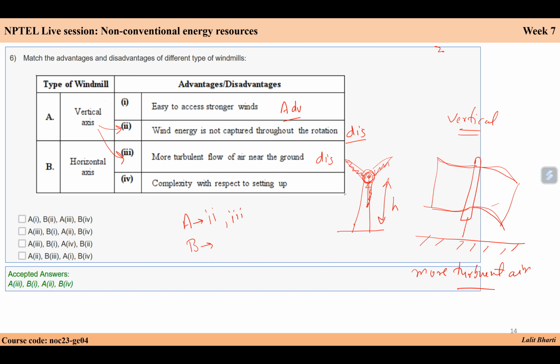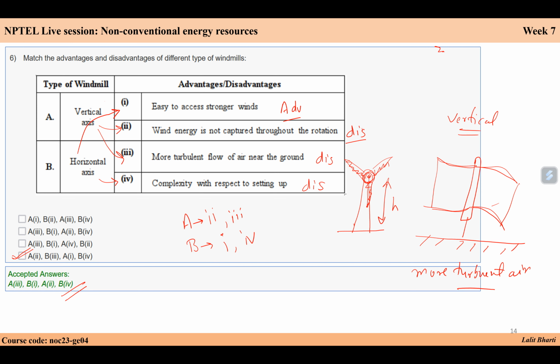So that is B, as well as the fourth, complexity with respect to setting up. That is a disadvantage for the horizontal axis because these are much larger in size. They are quite complex compared to vertical type windmills. So we have first and fourth. Now we can compare A to second and third. So our fourth option is correct.